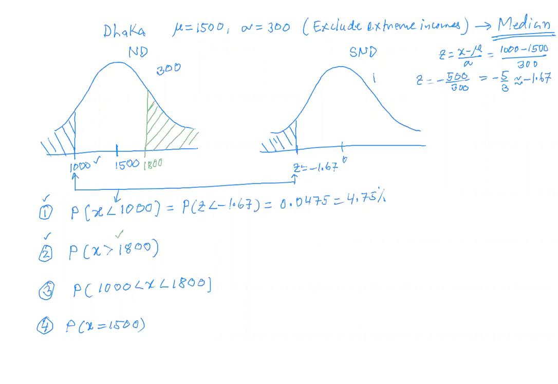So we need to convert 1,800 to the corresponding Z value, and that is going to be this region we are talking about.